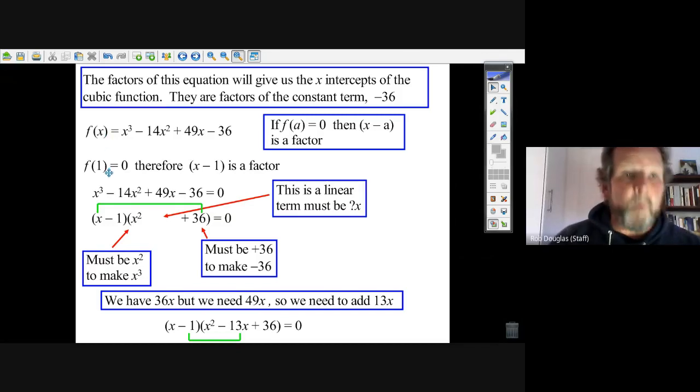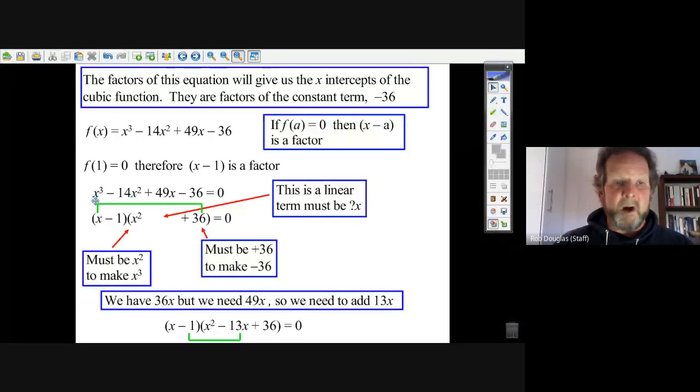Well, we've got one of the x-intercepts. But we know that if a makes it 0, then x minus a is a factor. So what we can do, we can get started. We put down a bracket, x minus 1. Now, it's actually really, really easy.